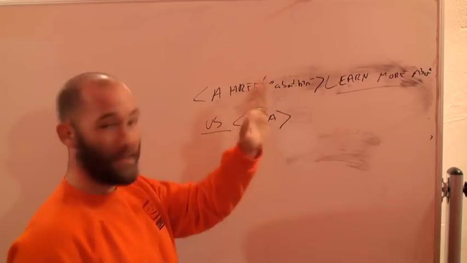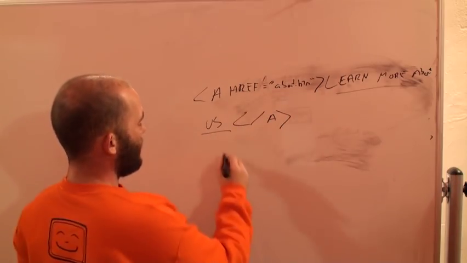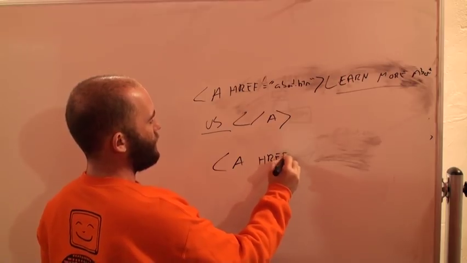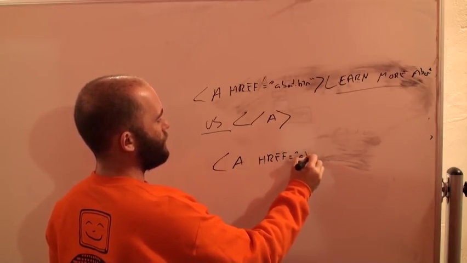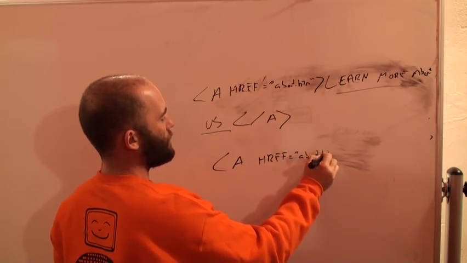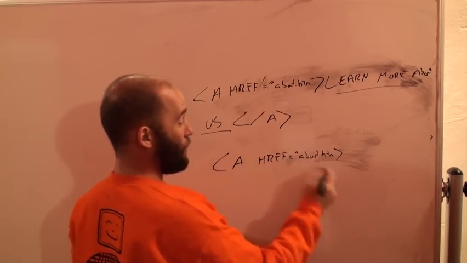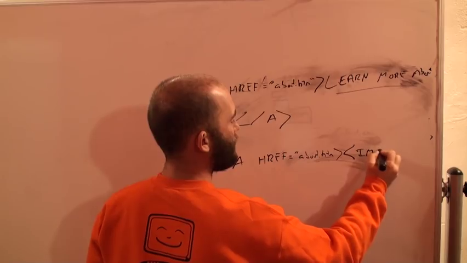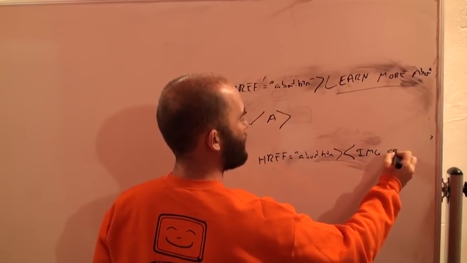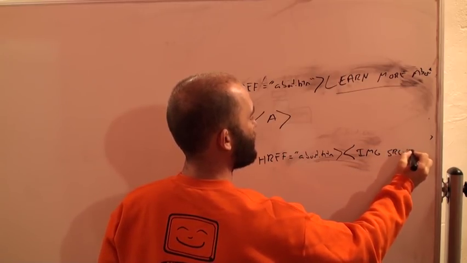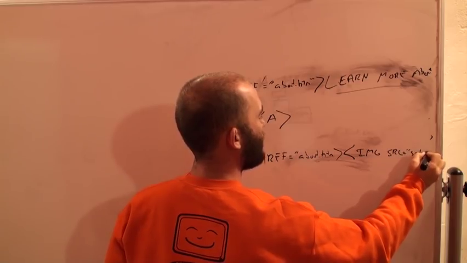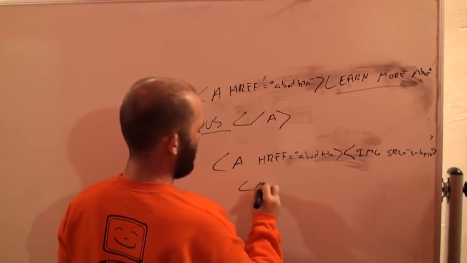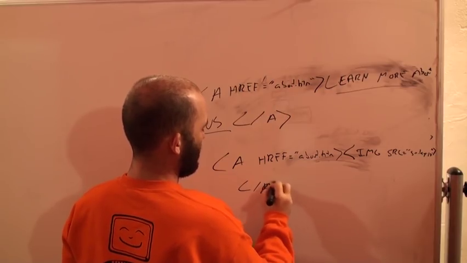So you can put a picture in to make it a hyperlink. If you were putting a picture in instead of words, you would do the a href equals about.htm, and then if you want the picture to be the hyperlink, you would do img src equals smiley.jpg, and then you would close that with the /a.